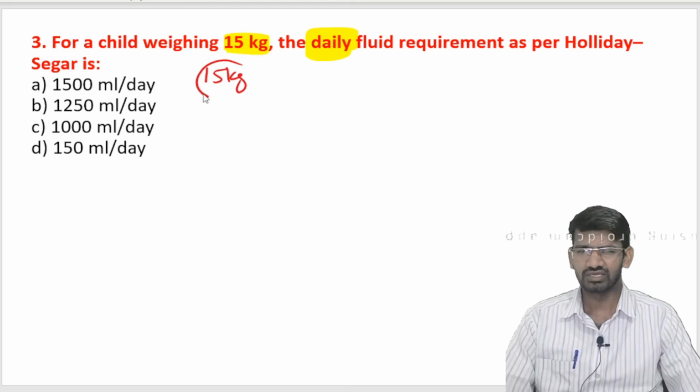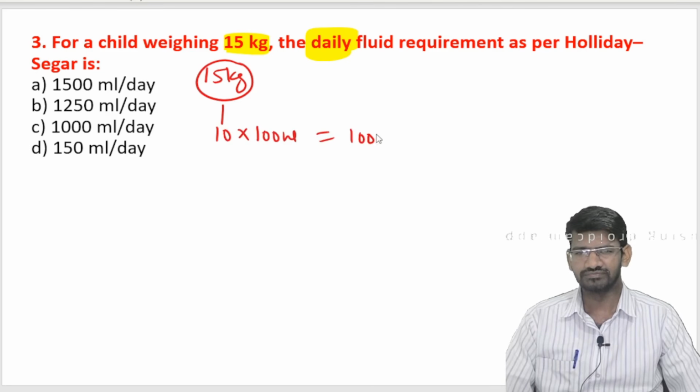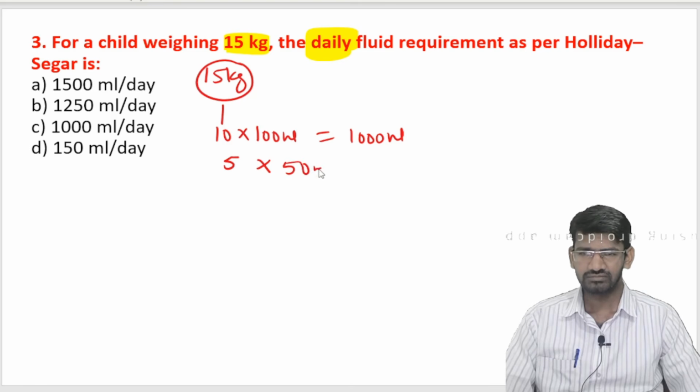For the first 10 kg we give 100 ml per kg, so it is 1000 ml. For the next, we don't have another 10 kg, we have another 5 kg left. For this 5 kg we give 50 ml per kg. 5 fives are 25, that is 250 ml.